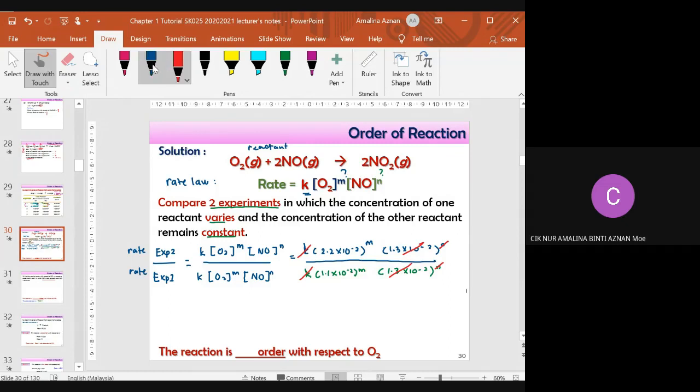Okay, so kita masukkan pula value rate. Okay, so kita turunkan dulu 2.2 exponent negative 2 of M, 1.1 exponent negative 2 to the power of M. Okay, so rate untuk eksperimen 2 tadi.